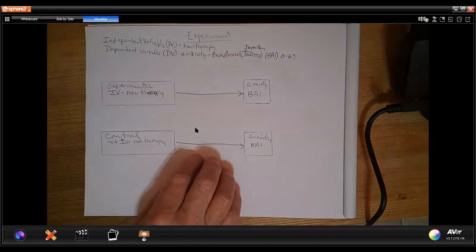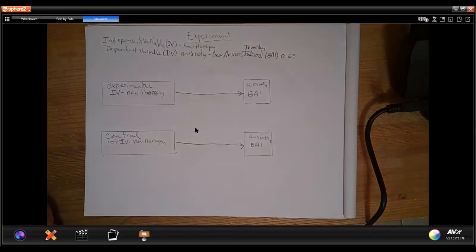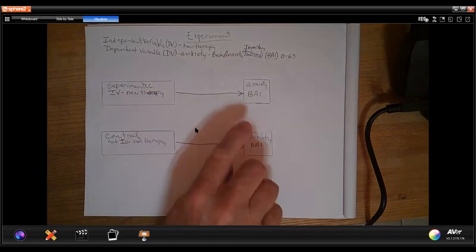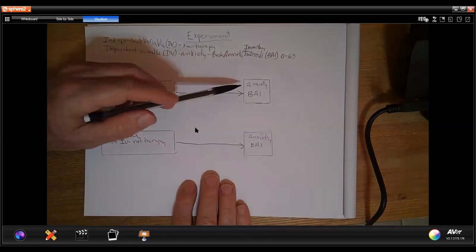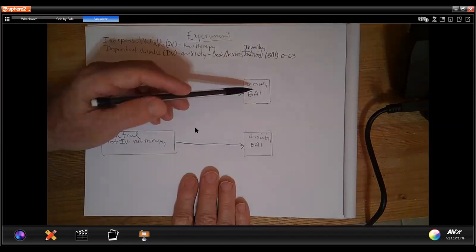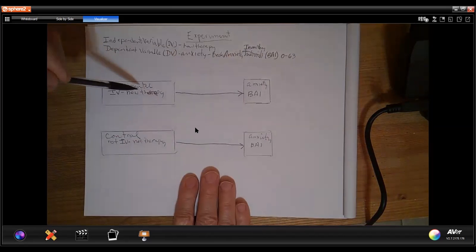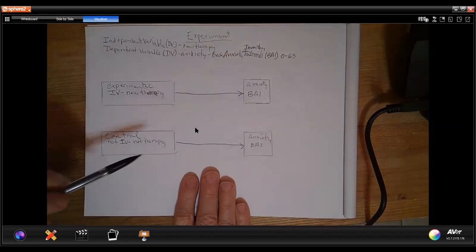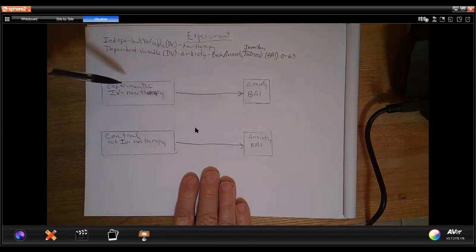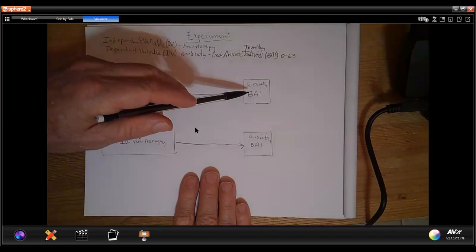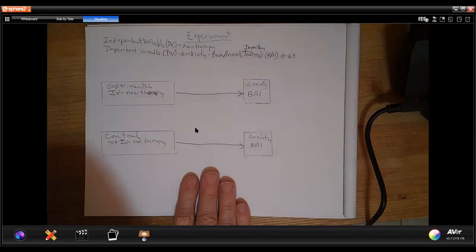Now, in theory then, we ought to be able to tell if these two groups are different in levels of anxiety after the experimental group has gotten the therapy. Well then that must mean that the therapy is effective. Or wait a minute, we don't know that for sure yet. Why?